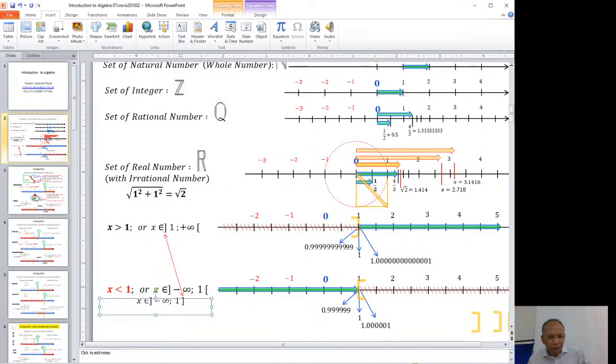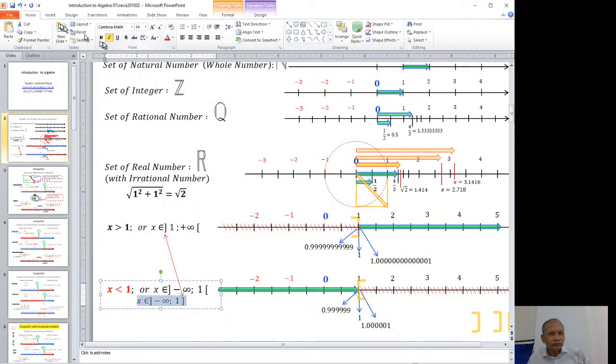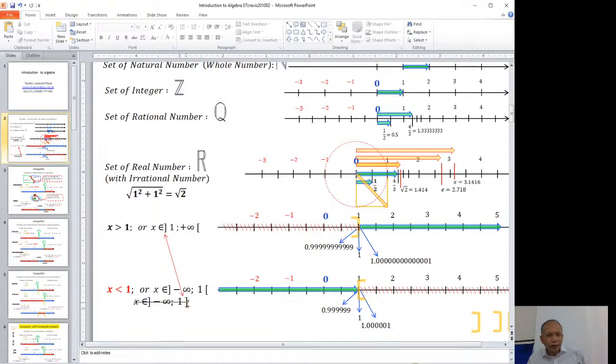Please do not be confused with this one. This one doesn't include 1, and you say, oh, this one also doesn't include 1 here. This one also doesn't include 1, so I have to turn my bracket to the left.